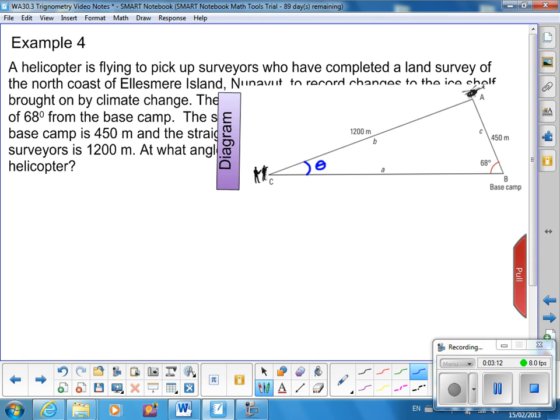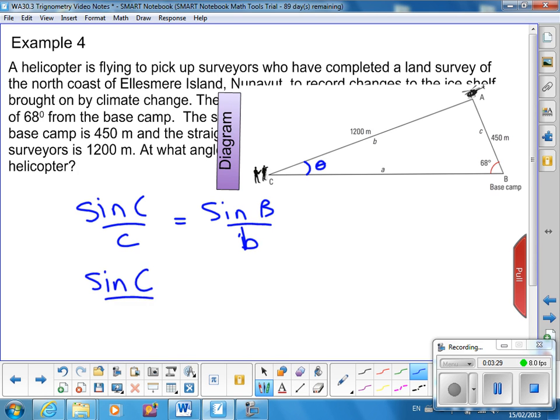Okay, so I know c, so sine C over c equals sine B over b. The small letters represent the sides, the large letters represent the angles. So sine C over 450 meters equals sine of 68 over 1,200.